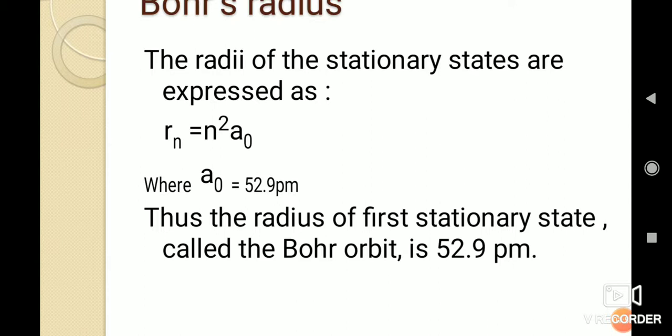That is why the radius of the first stationary state, called the Bohr orbit, is 52.9 picometer.